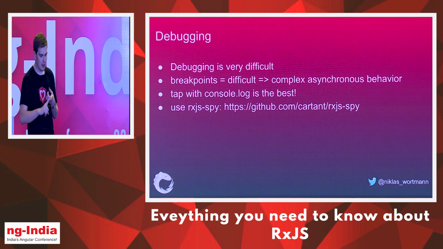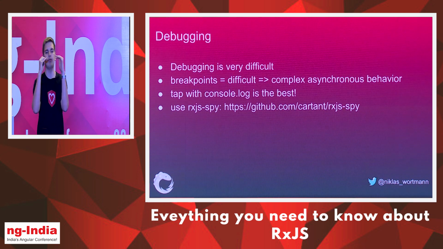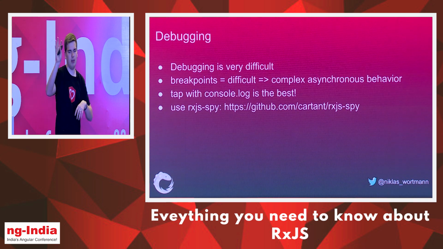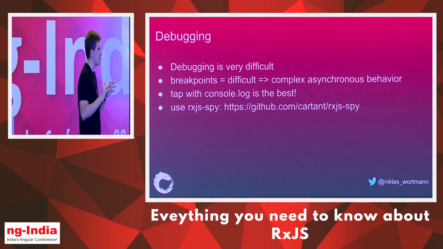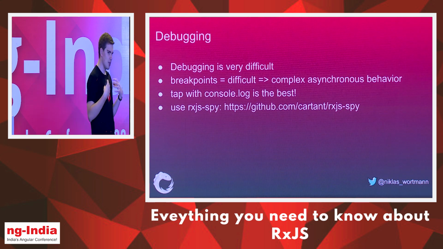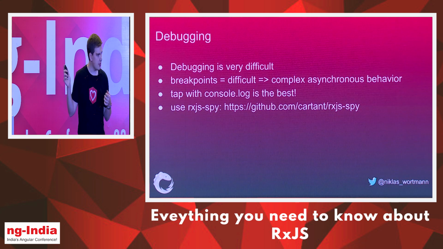It also shows you how your operators behave after another, because you can just put the first time tap, call another operator, put a tap operator afterwards, and all those things work very great. My code exactly looks like this. Besides that, you can also use RxJS Spy.